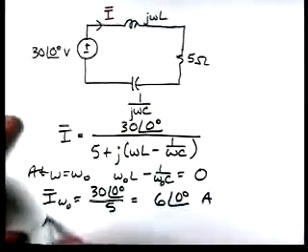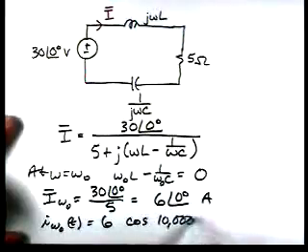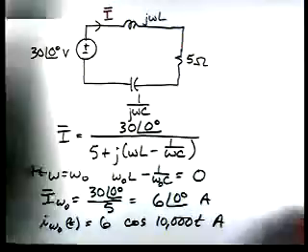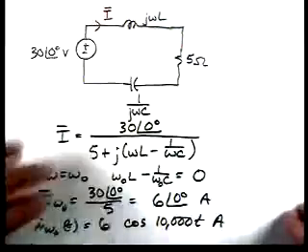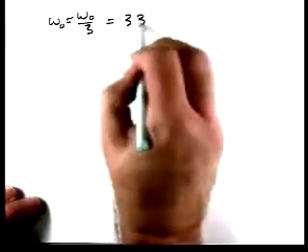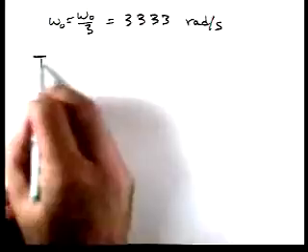So then i of omega naught of t is 6 cosine 10,000 t amps. So there's the current at omega equal omega naught.